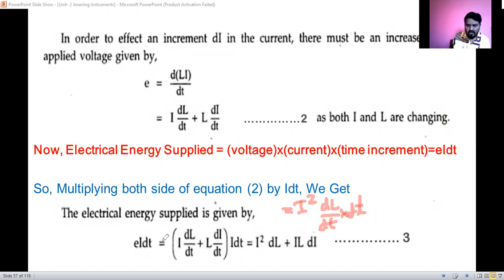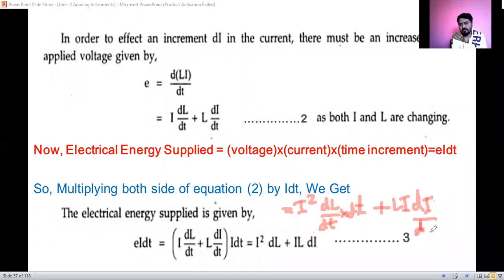I will write it here: I into I square dL by dt into dt. Plus, as it is, L into I, L into I, so again dI by dt into dt.